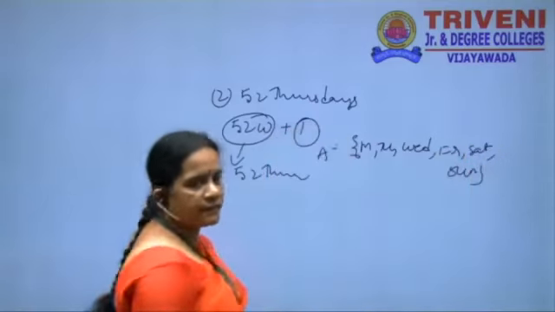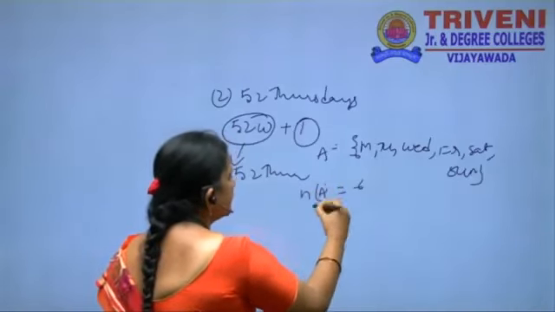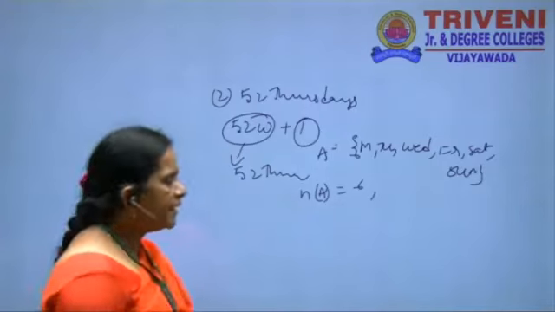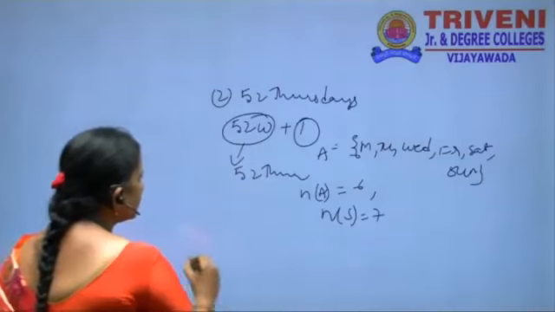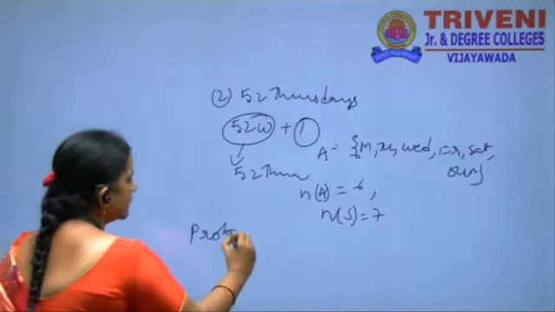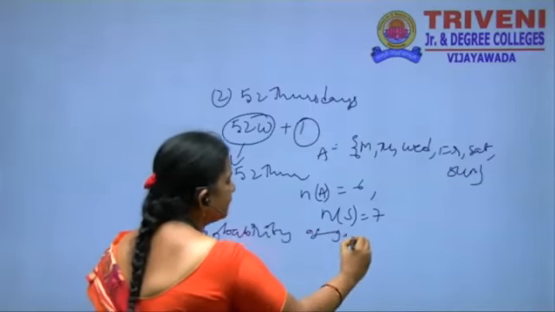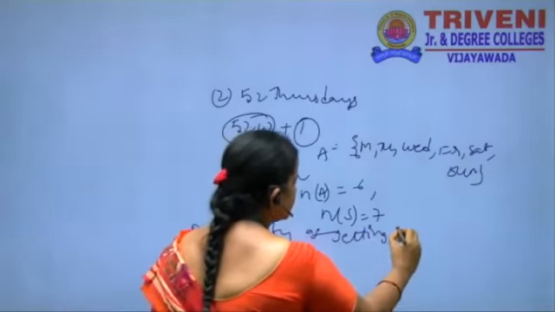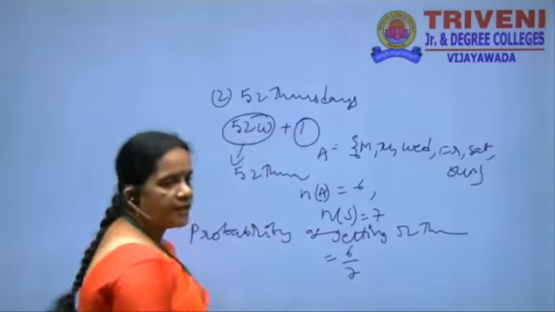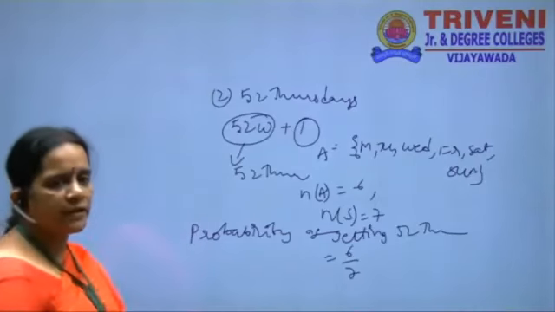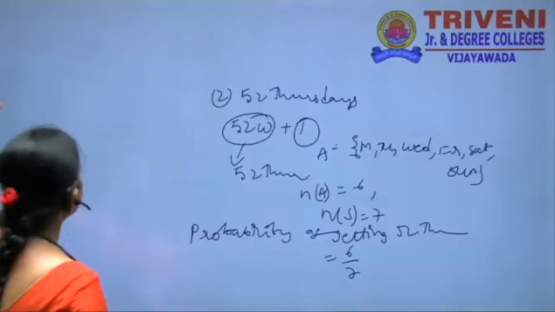How many chances are here? 6. That is, n of A is equal to 6. A week has 7 days, so n of S is equal to 7. The probability of getting 52 Thursdays is 6 by 7. Probability of 53 Thursdays is 1 by 7. 52 Thursdays is 6 by 7. Then we are going to the next problem.